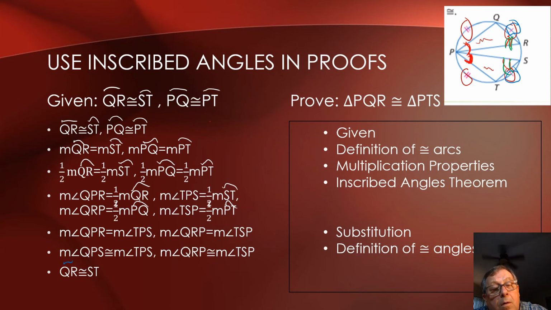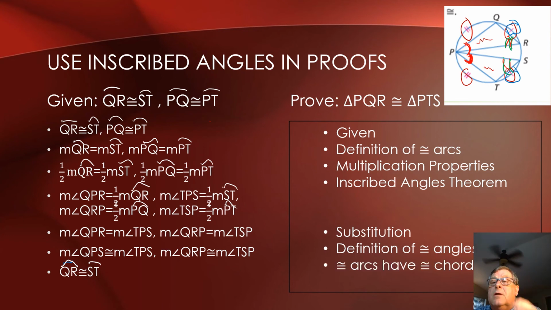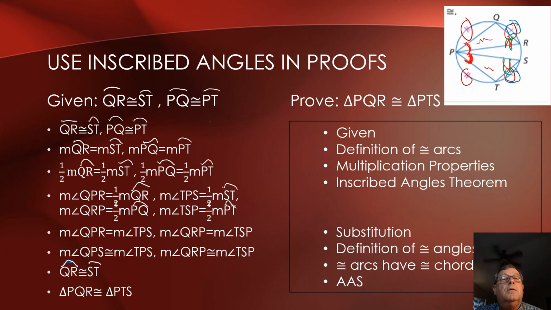Arc QR is congruent to arc ST. And why is that? What would be our reason there? Well, congruent arcs have congruent chords. So that means those side lengths are congruent. Well, shazam. I've got angle, angle, side, congruency. So triangle PQR is congruent to triangle PTS. And the reason why? Angle, angle, side. Double, double, triple, triple, shazam.